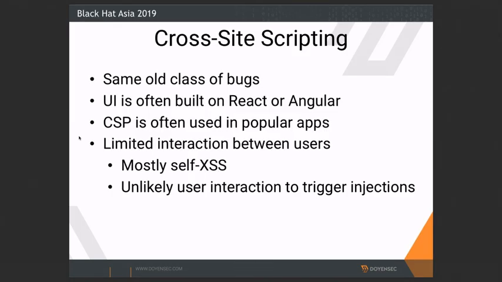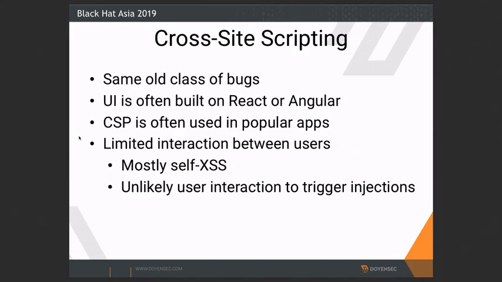So the most common way today of subverting the flow is through cross-site scripting, which is still very relevant, but not very interesting from the pure technical standpoint. I mean, after so many years, I guess we know what the problem around cross-site scripting is. Most of the top popular apps are based on React or Angular. Contextual output encoding is making cross-site scripting more and more difficult.